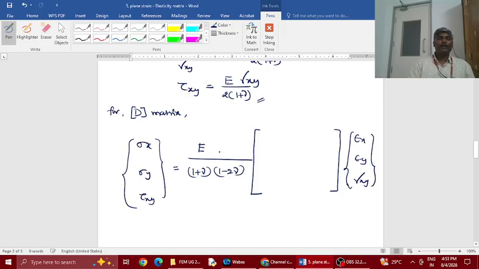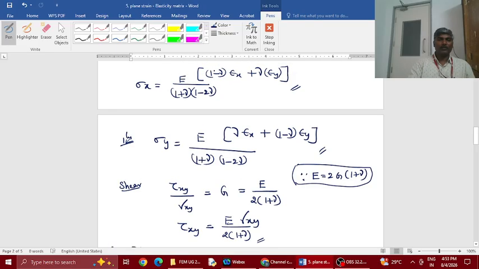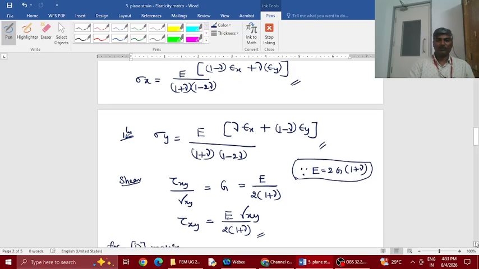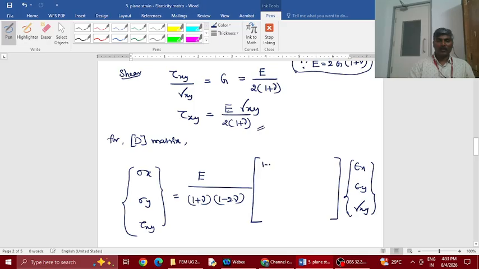Okay, yeah, so first equation is sigma x is equal to E by 1 plus nu 1 minus 2 nu into 1 minus nu into epsilon x plus nu into epsilon y. So they are the two elements in this matrix. 1 minus nu, nu.